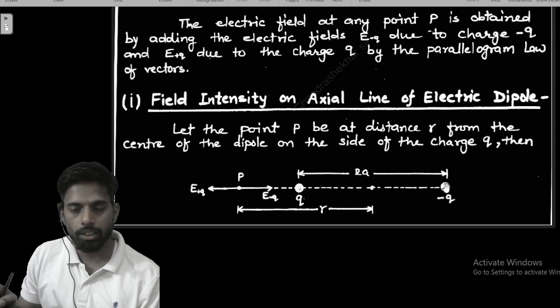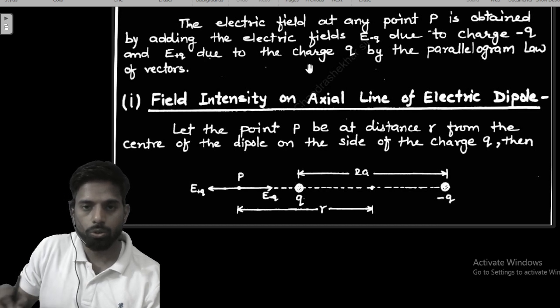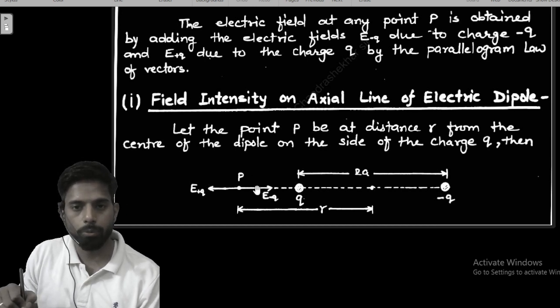Similarly, the distance from the minus q charge will be: this is r and here it is a, because this is 2a, so half of 2a is a, plus a. So we can write here r plus a for the minus q charge. Both directions of the electric field are opposite to each other.